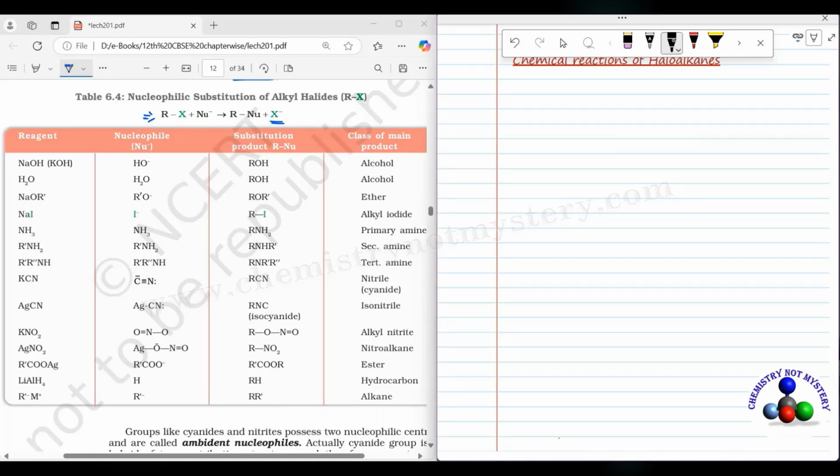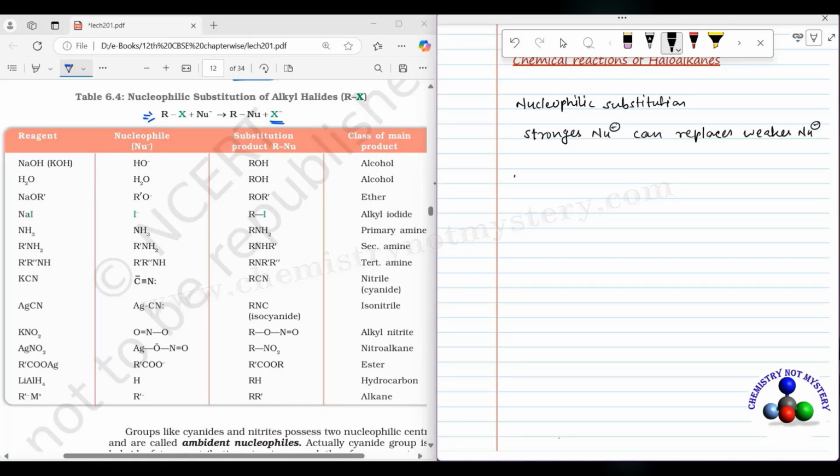So let's try to understand nucleophilic substitution reaction. As a rule, a stronger nucleophile can replace a weaker nucleophile.